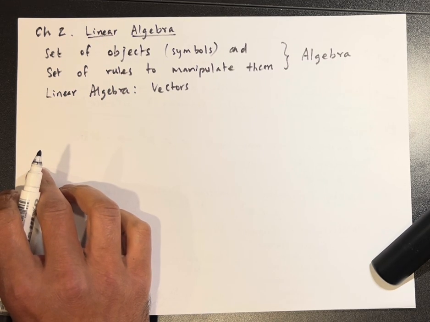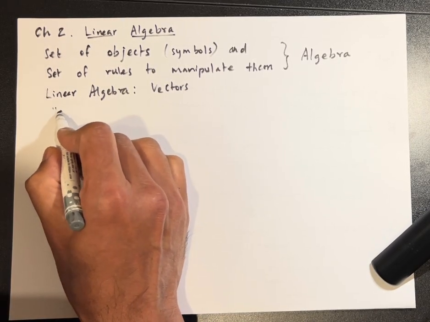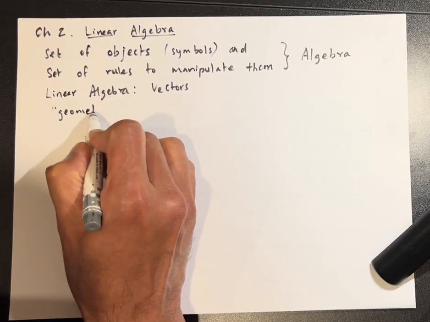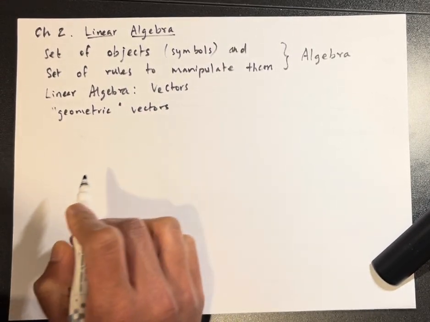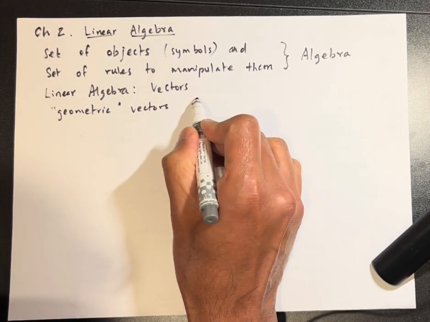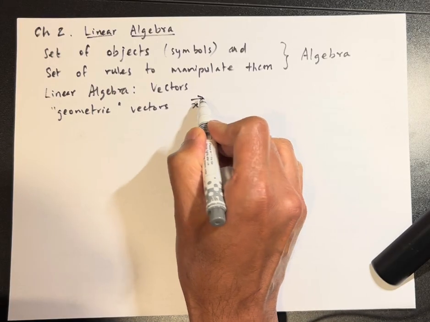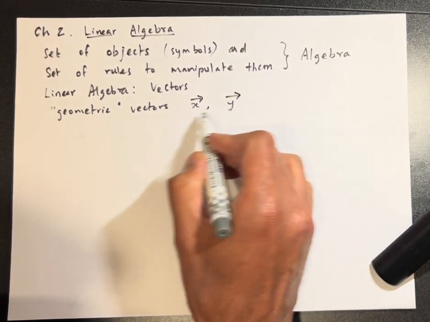The vectors many of us know from school are called geometric vectors. You will remember this x and then we put an arrow above, or a y with an arrow above it.